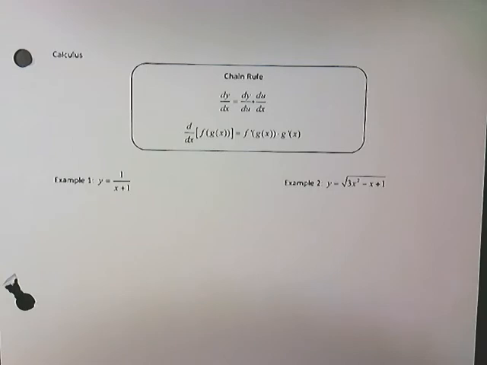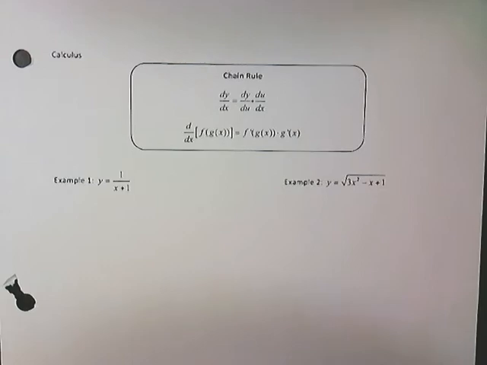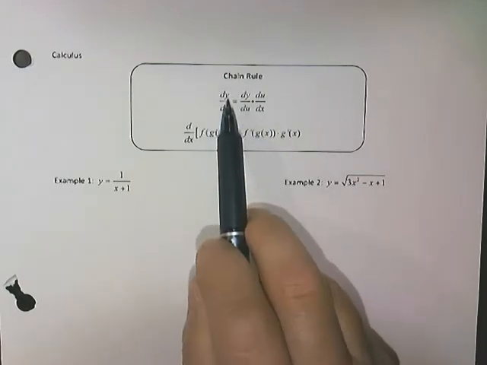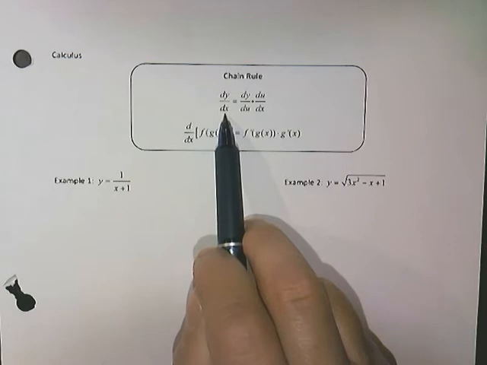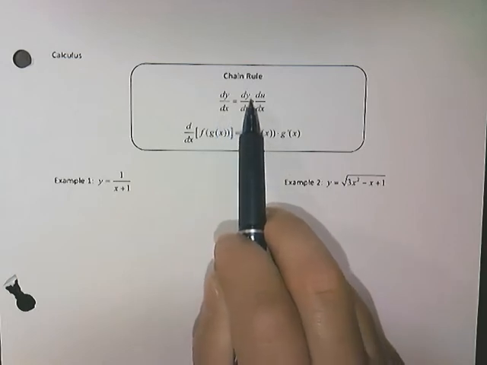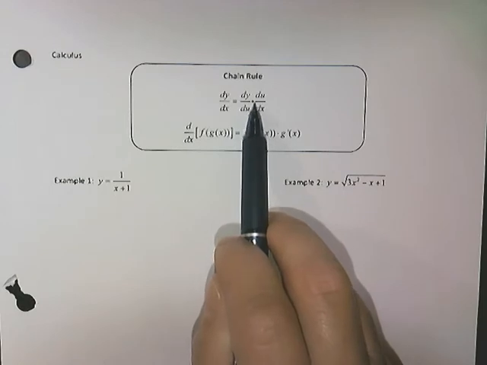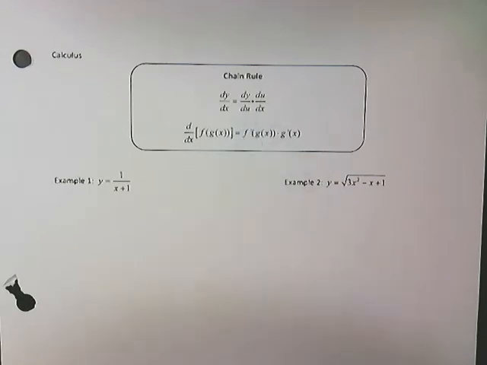I'll go through these examples, but practicing it is going to be the best thing that you can do. There's a couple different ways to teach this, and you're going to have to decide which one works better for you. So this chain rule is going to say dy/dx, the derivative of y with respect to x, is going to be equal to the derivative of y with respect to u multiplied by the derivative of u with respect to x.